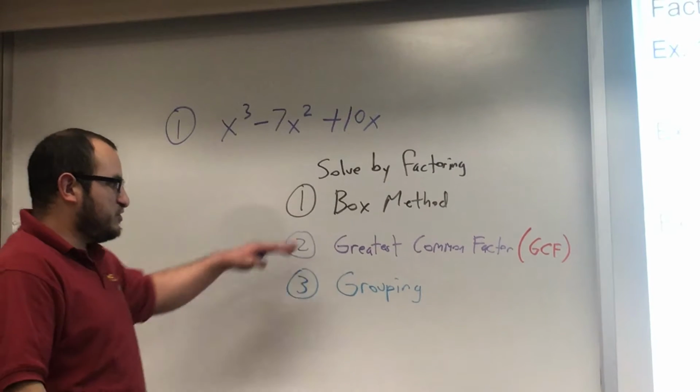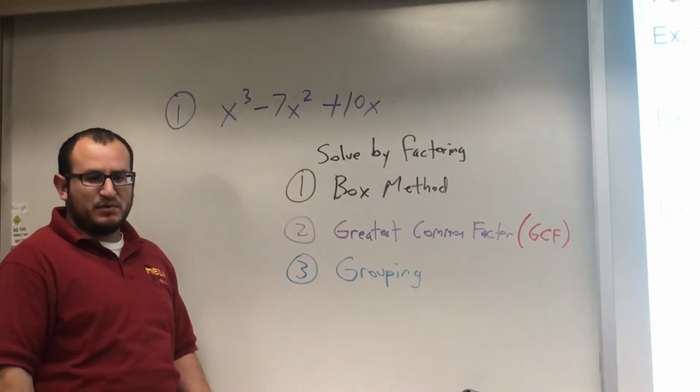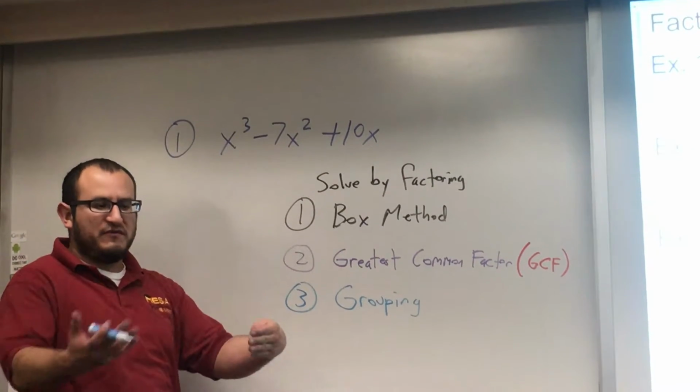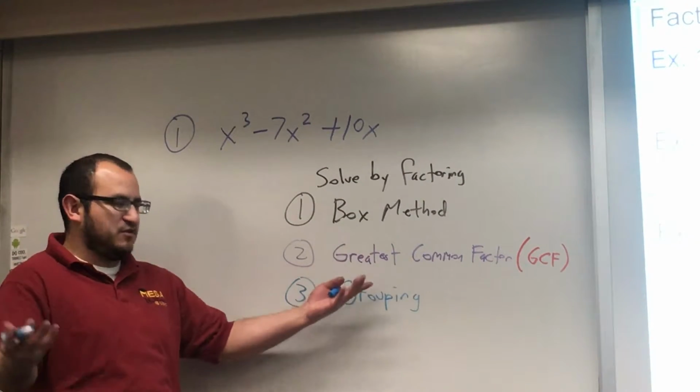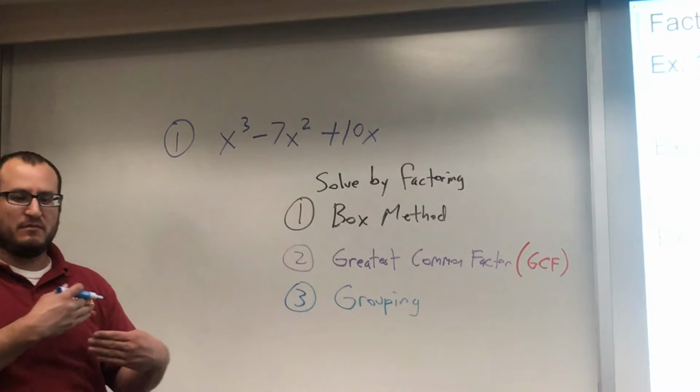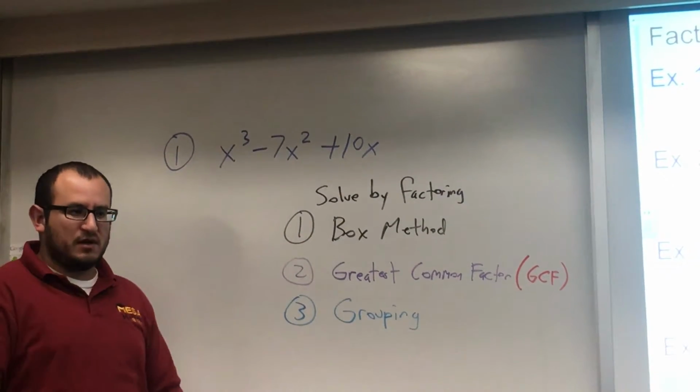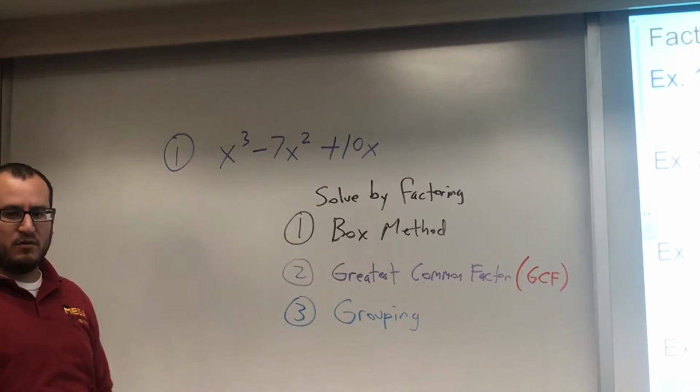So you should know how to do box method. I actually did an example using box method as a refresher. GCF, we did GCF, when we factored out a common monomial, that's known as GCF. When you're factoring out a number or a term. Grouping, you group them in pairs. Look back at the video from part 1.